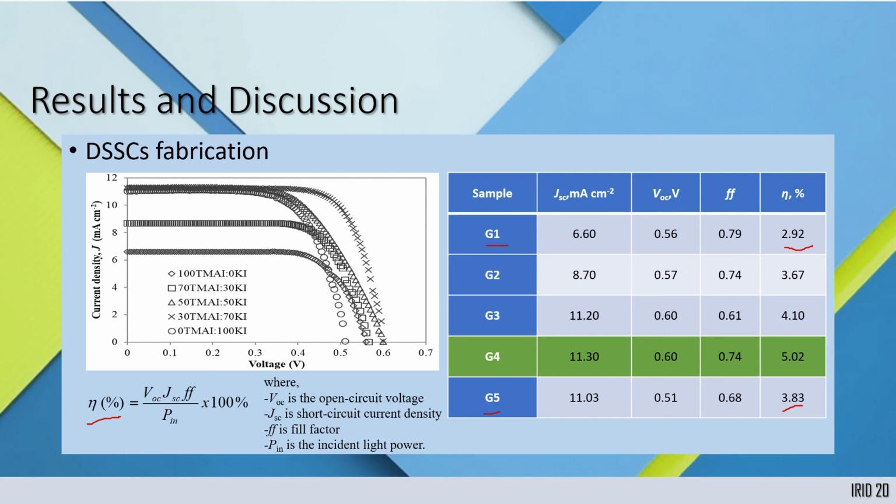However, after we vary the amount of TMAI and KI salts in the system, the efficiency goes up to 5.02%. This means that the G4 sample has the best composition of the TMAI source and also the KI source, which increases the efficiency of the DSSC.